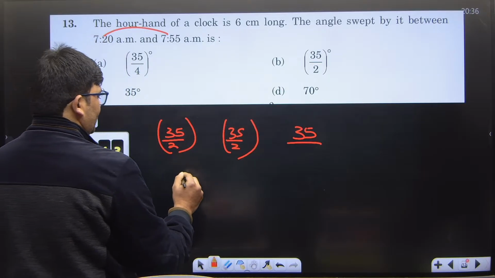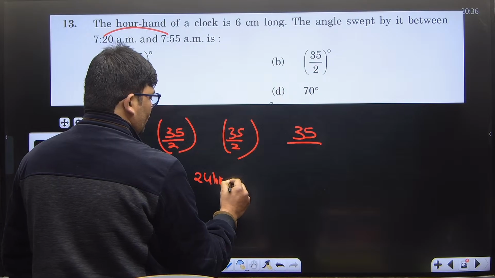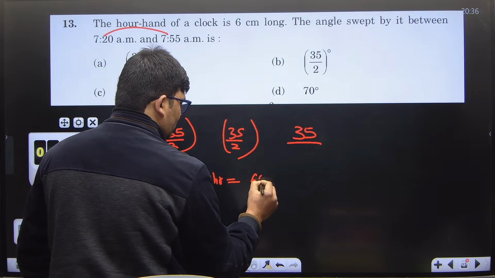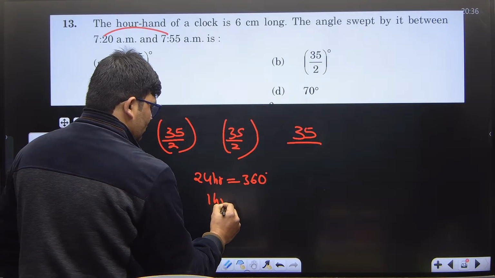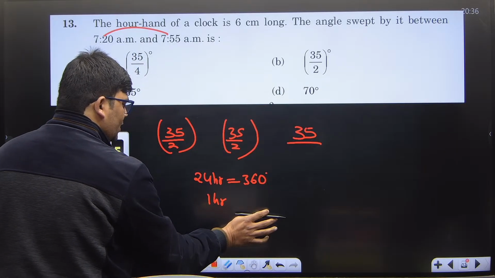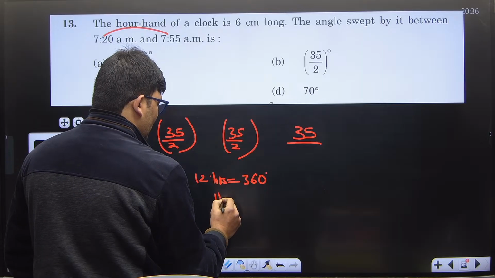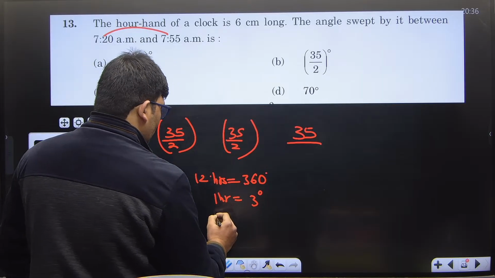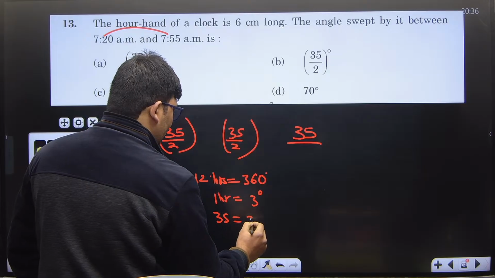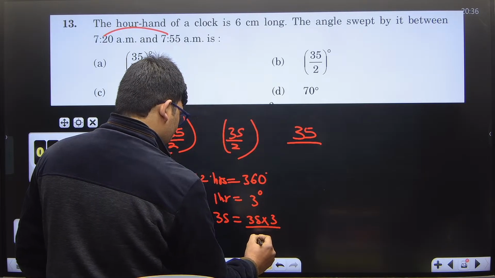Let me understand again. 12 hours is 360 degrees. So 1 hour is 30 degrees. So 35 minutes is going to be 35 times 30 divided by something, right?